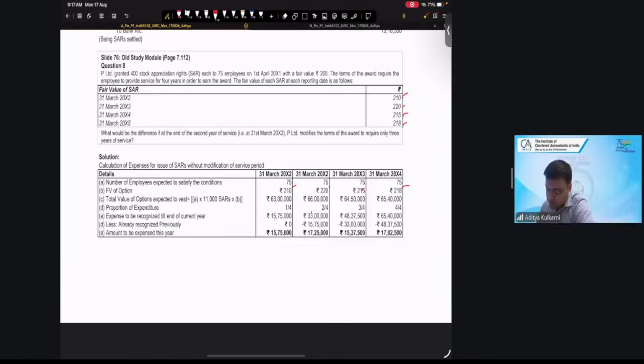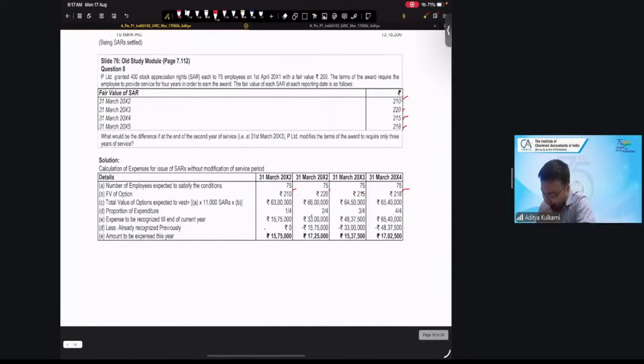Then the expense to be recognized till the end of the current year.